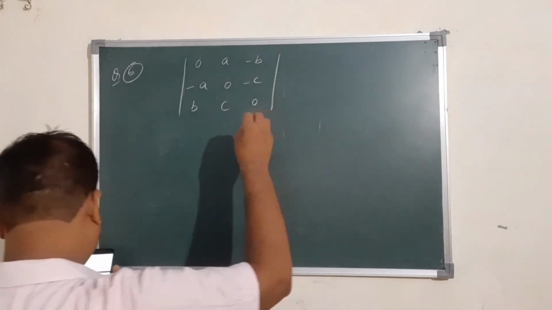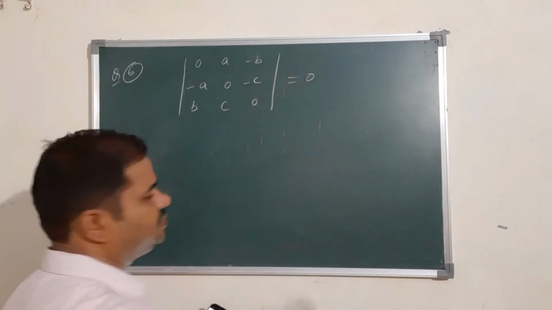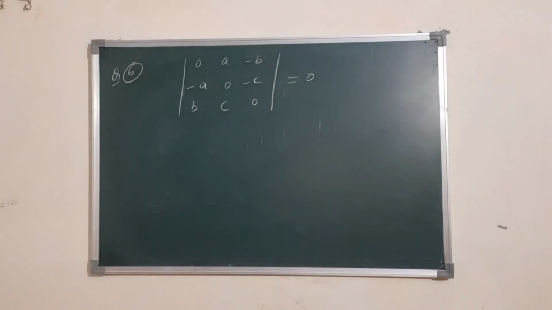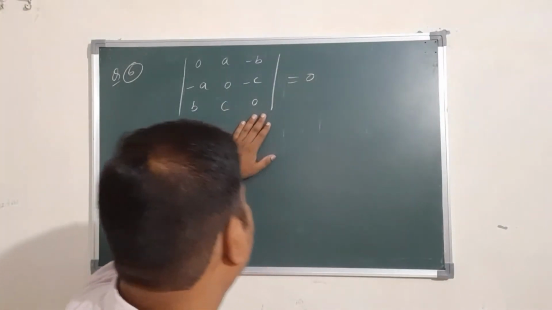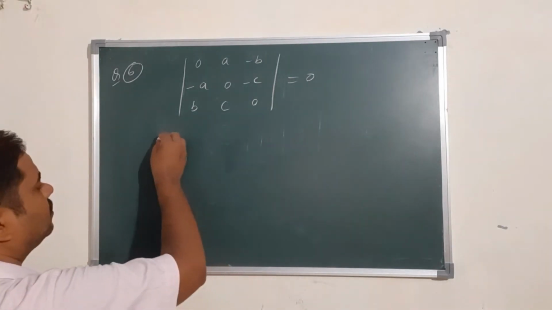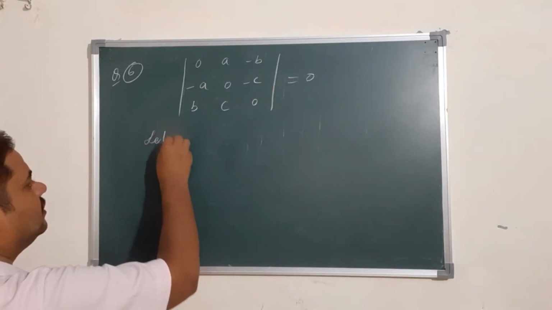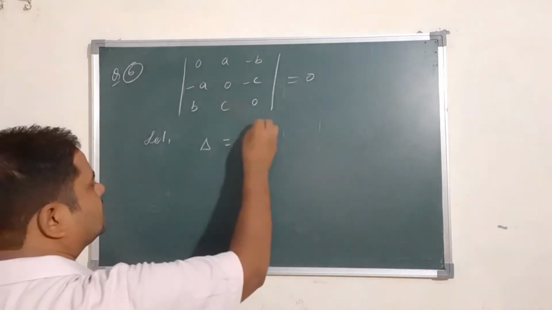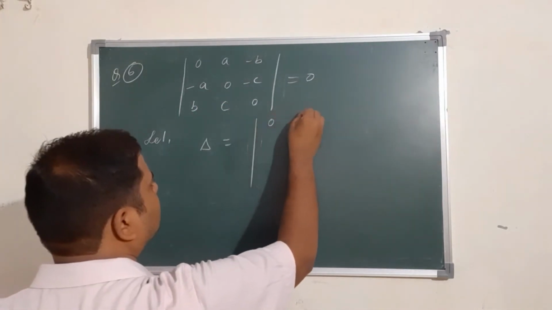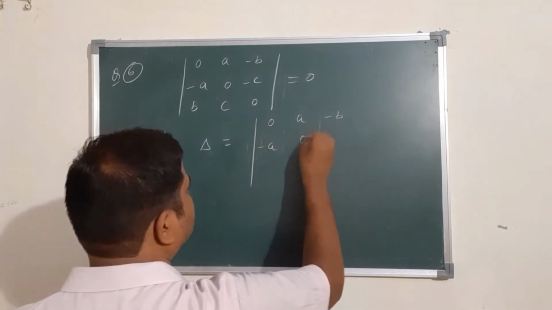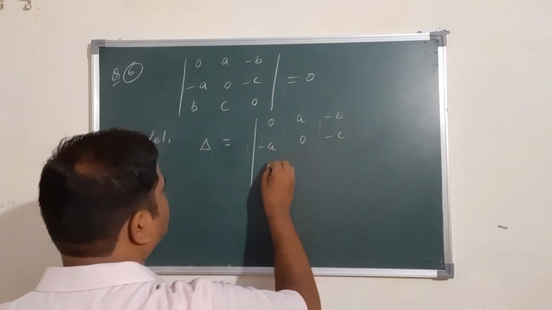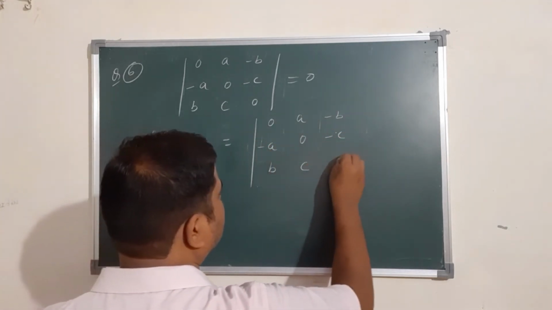This is a very good question. We have to show this determinant is 0. So let delta be equal to this determinant: 0, a, minus b; minus a, 0, minus c; b, c, 0.